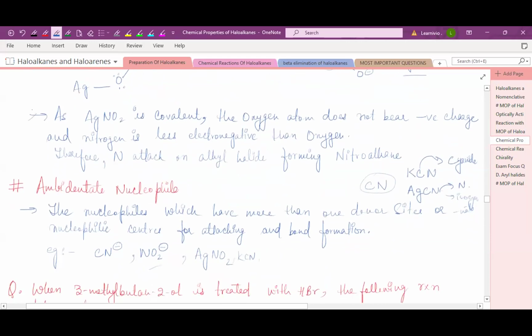Okay, so you can write on this as AgNO2 is covalent. The oxygen atom does not bear negative charge. And nitrogen is less electronegative than oxygen over here. So, therefore, nitrogen attacks the alkyl halide forming nitroalkane. यहाँ पे nitroalkane बना है.